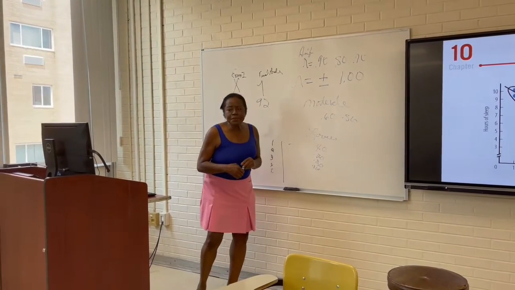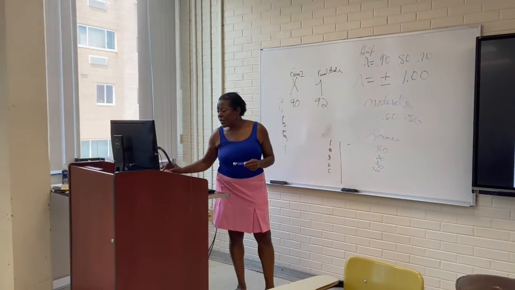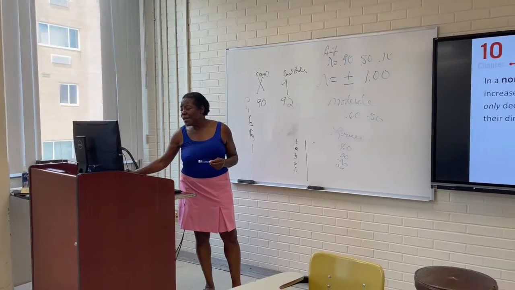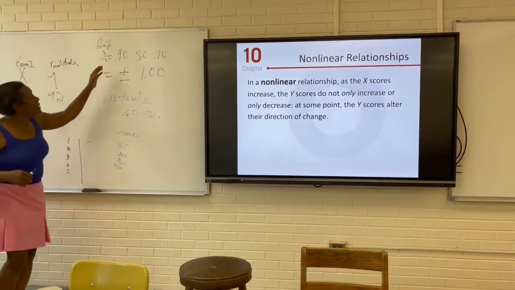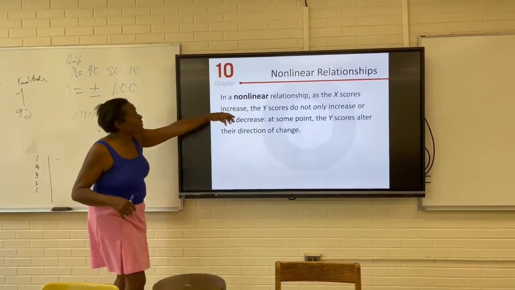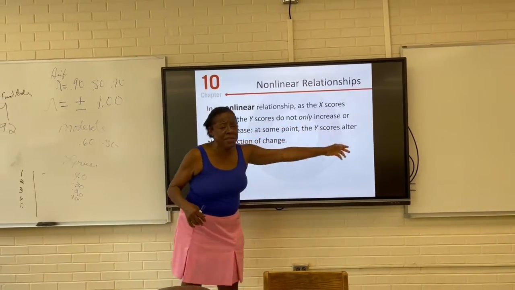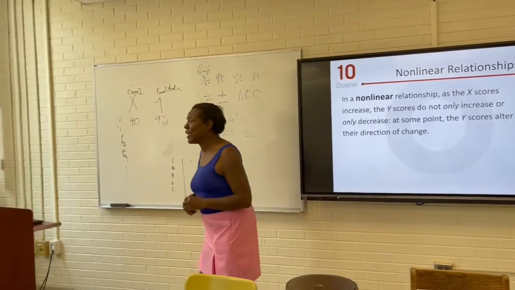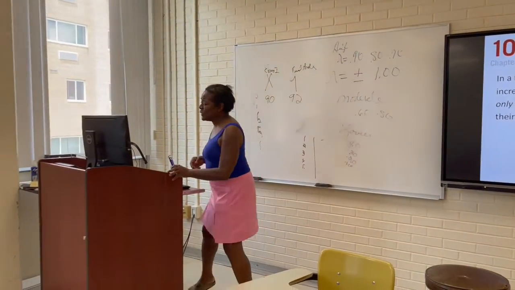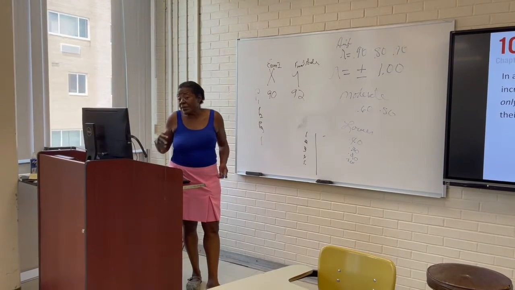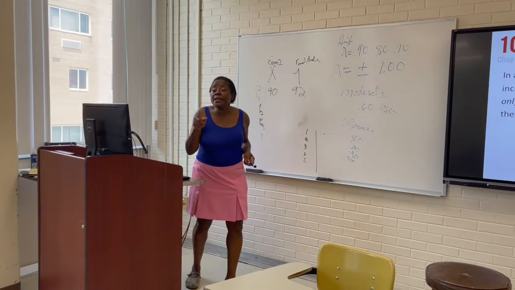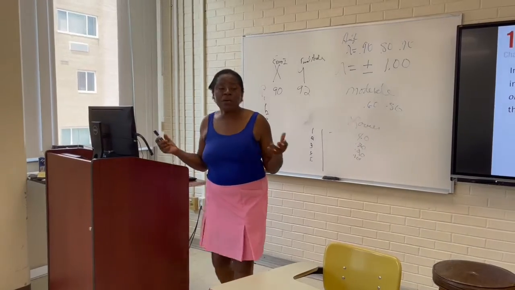Okay? And so here again, we want to share with you that there could be not only a positive and a negative relationship, there could be a nonlinear relationship. And what does a nonlinear relationship mean? We cannot draw a straight line through that relationship. It is not a linear relationship, it is a nonlinear relationship. And then there could be, you're absolutely correct, a zero, no relationship at all.